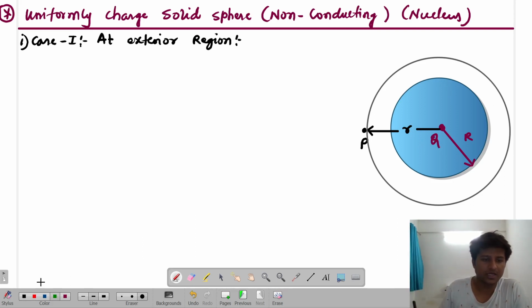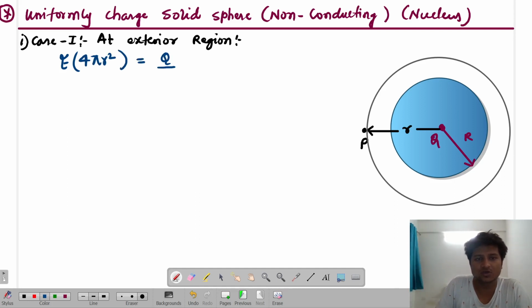That's correct. So the electric field will be given as what? Simple. E into, if I do the integration of all that, I get the area of a sphere, which is 4 pi r square. That must be equal to the charge enclosed, which is Q by epsilon naught. So E at the exterior region, or I call this point as point A.